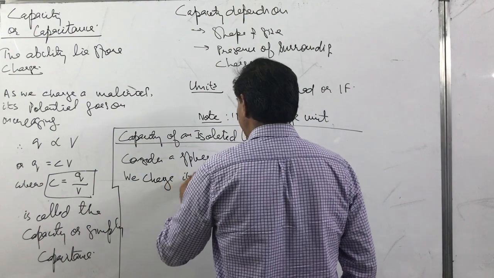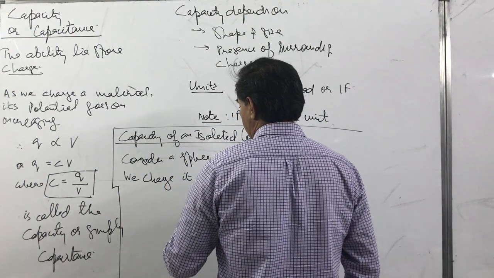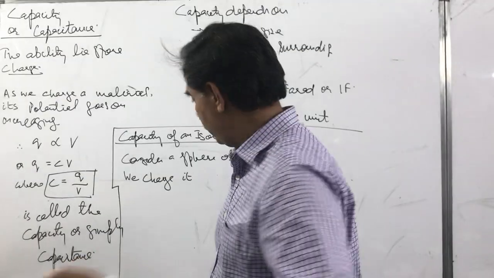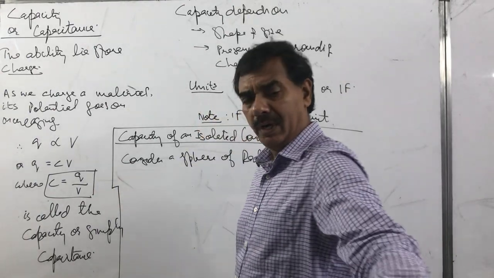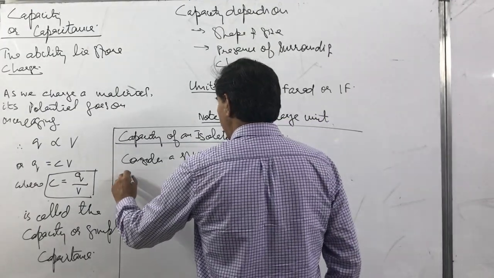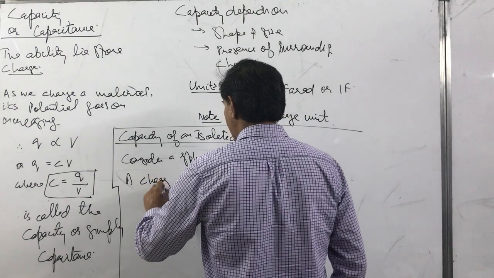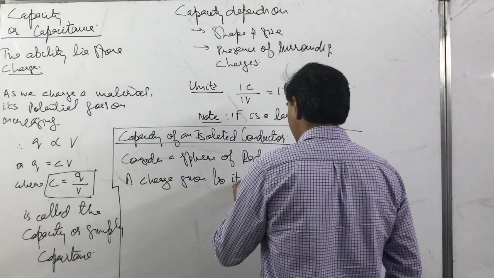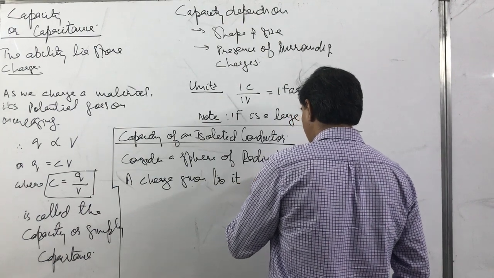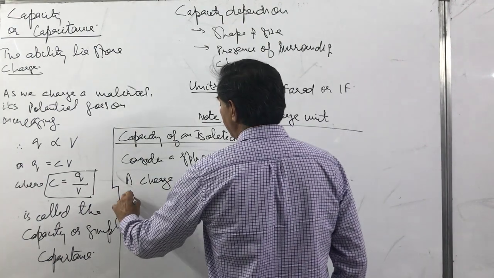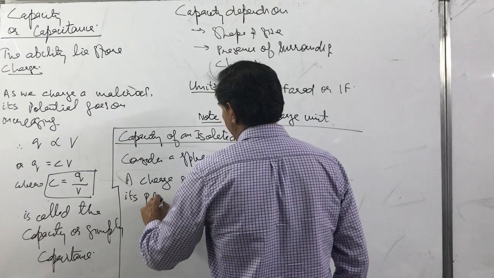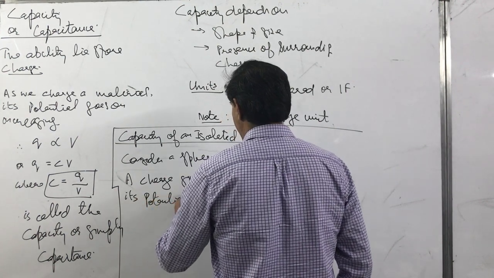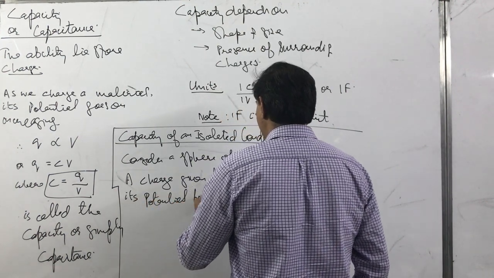We charge it. लैंग्वेज थोड़ी इंप्रूव कर लेते हैं. A charge given to it raises its potential by V volts.